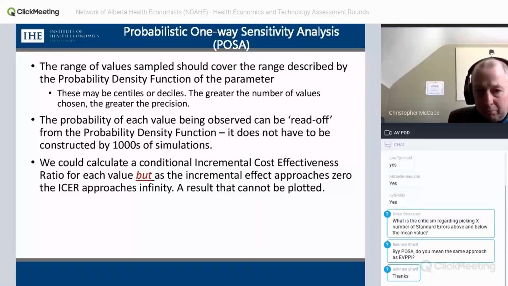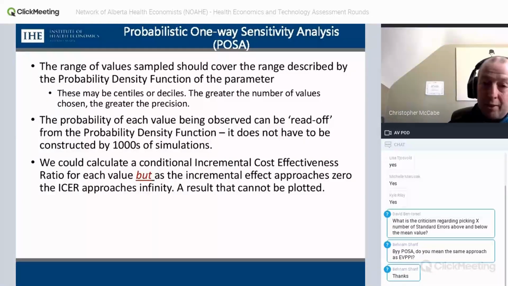The smoother, or the more nuanced and precise, you want to describe the sensitivity of the indicated decision to the value that's taken, the more detailed the level at which you select values from the PDF. If you're doing centiles, that's 100 outer loops.